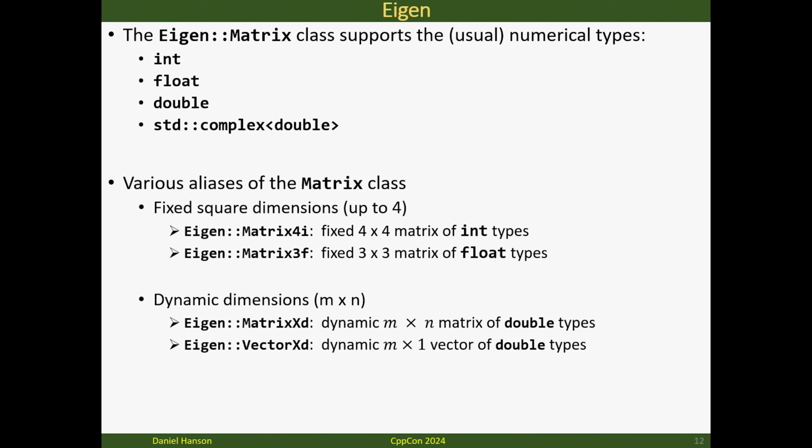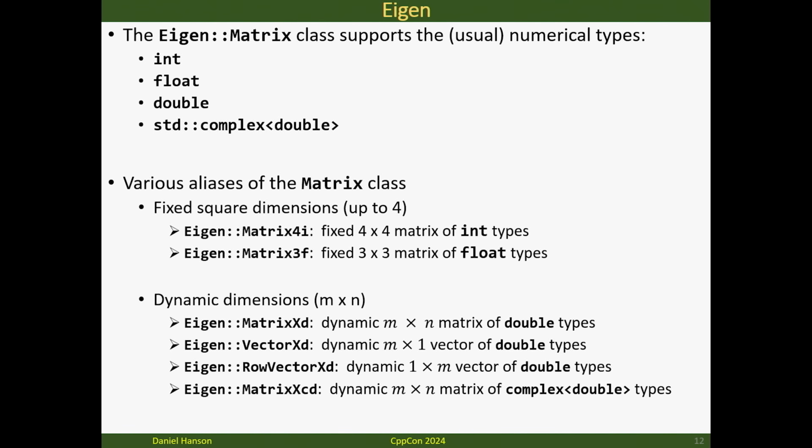There's also a vector XD alias, so same thing but for an m by 1 column vector. There's also a row vector, so 1 by m. And there's also a matrix XCD, and this is an m by n matrix of complex types. So for our examples, we're going to be focused on these two.